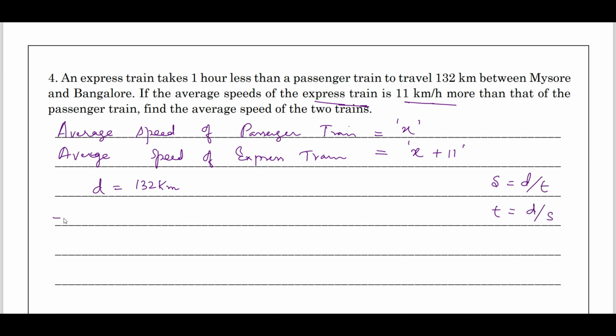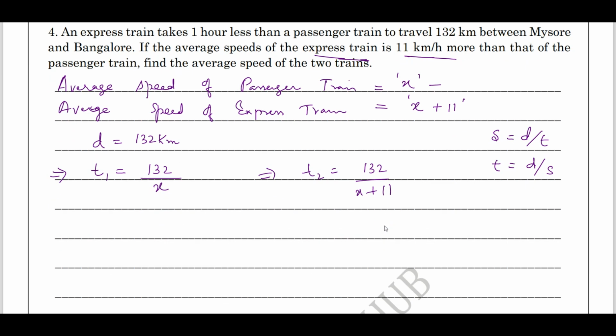The first condition, that is t1 equals distance is 132 divided by speed is what? X. That is for passenger train. The same way, the time taken by the express train, that is t2 equals the distance is same divided by the speed is x plus 11.